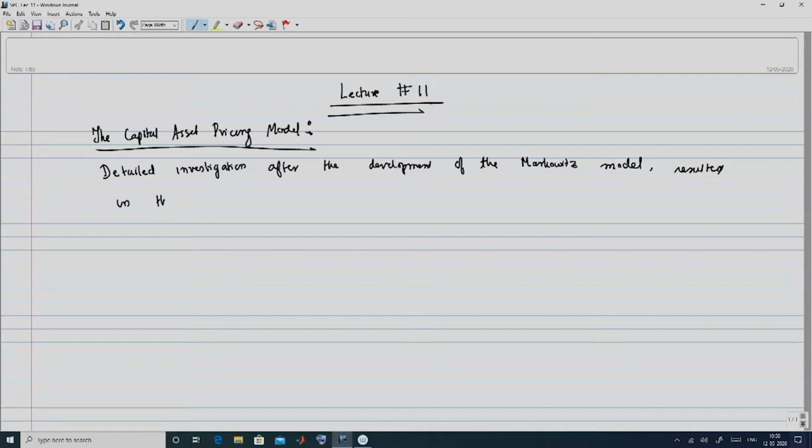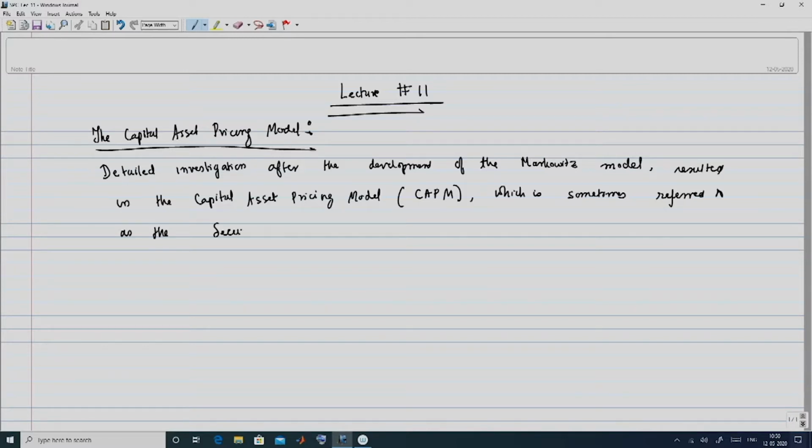So, these detailed investigations that were a follow up to the establishment of the Markowitz model resulted in the capital asset pricing model, which is commonly known in the parlance of finance as CAPM, and which is sometimes referred to as the security market line or SML.